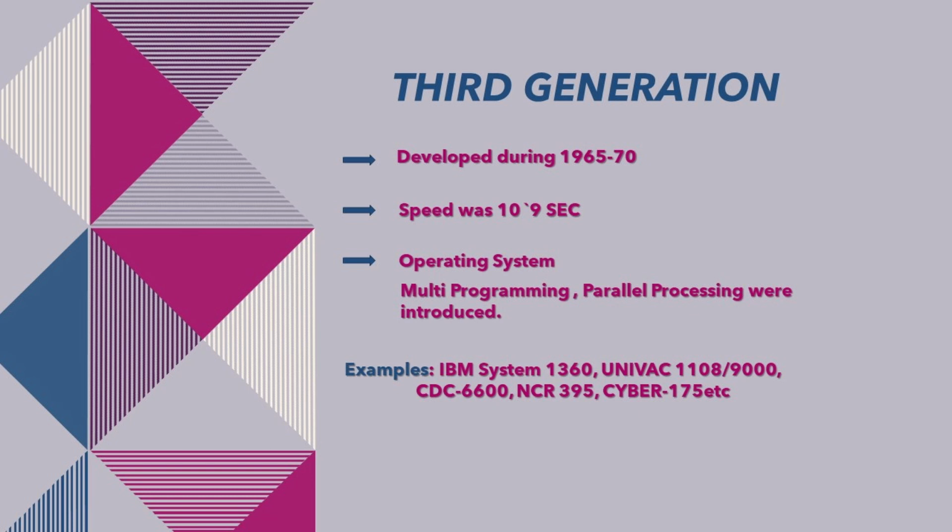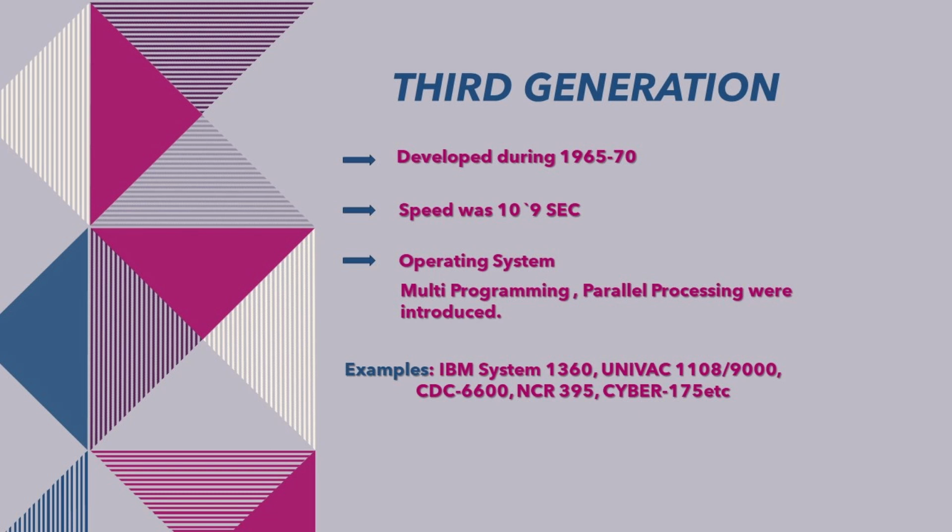In the third generation of computers, they had higher reliability and reduced size. The concepts of operating system, multi-programming and parallel processing were introduced. What is an operating system here? It's a user interface to interact with programs and hardware.